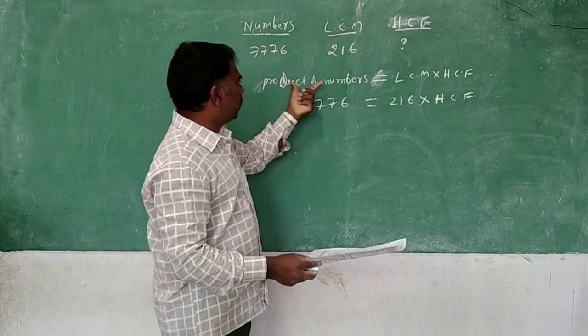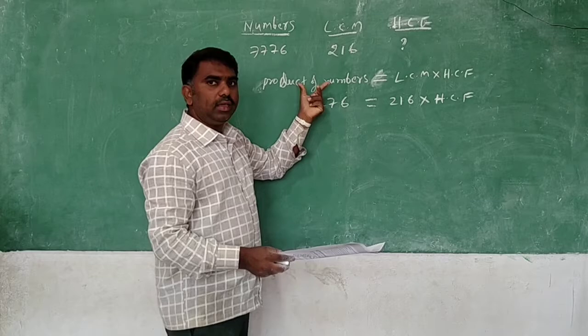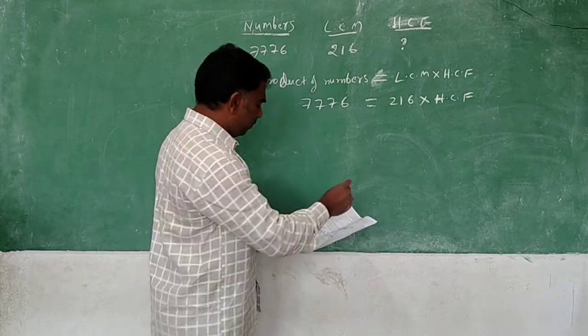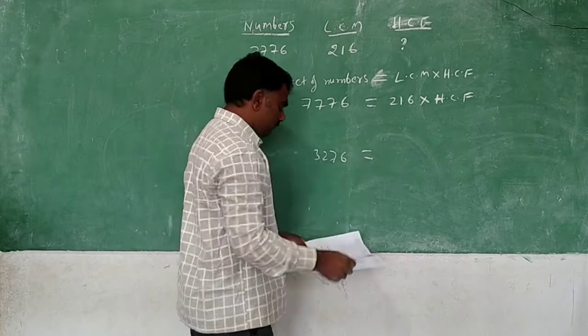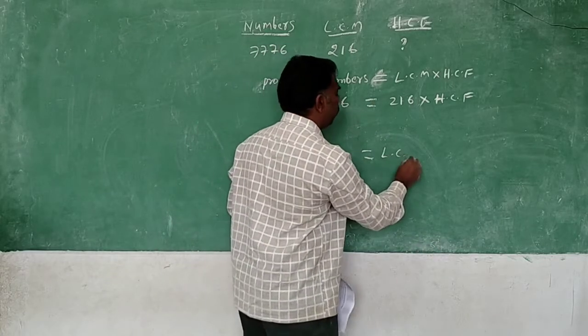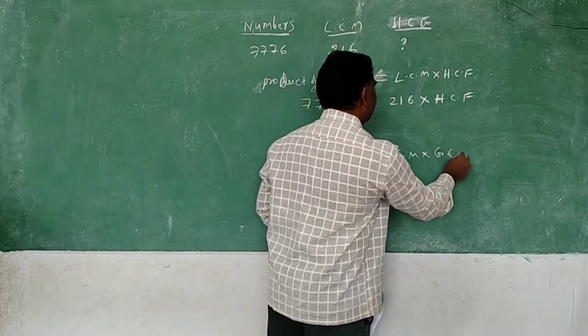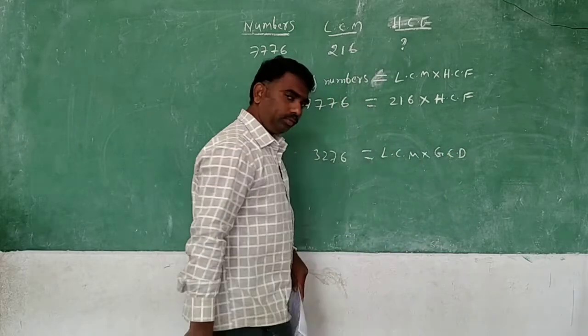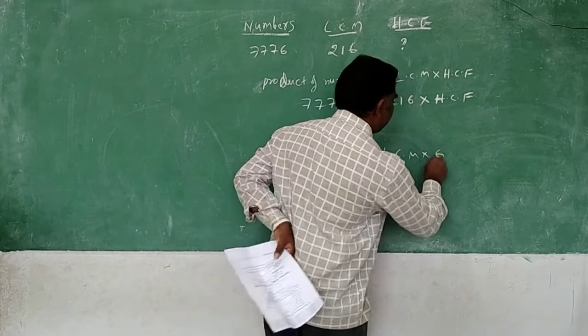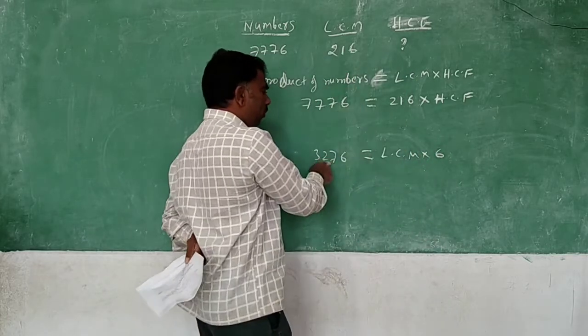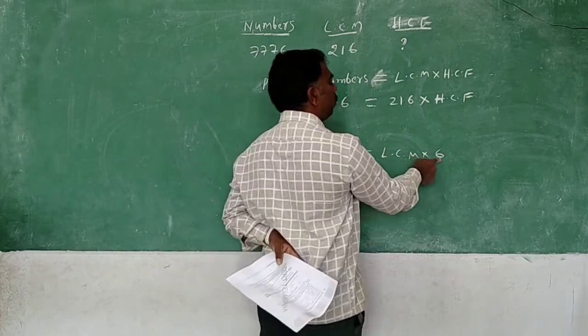So you will write the same product of numbers formula. Product of the numbers, 3276, is equal to LCM, which I don't know, but GCD I know, it is 6. Same formula: LCM, which I don't know, into 6.